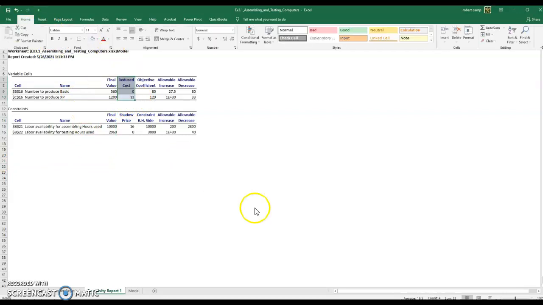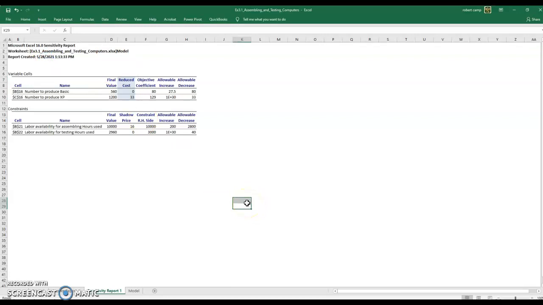So what does the reduced cost mean? Well, the reduced cost indicates how much the objective coefficient of the decision variable can change before the optimum value that we've picked out changes. So what does that mean? So I look at it, the basic computer.